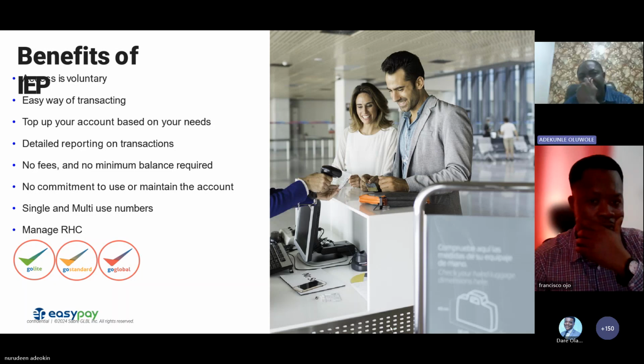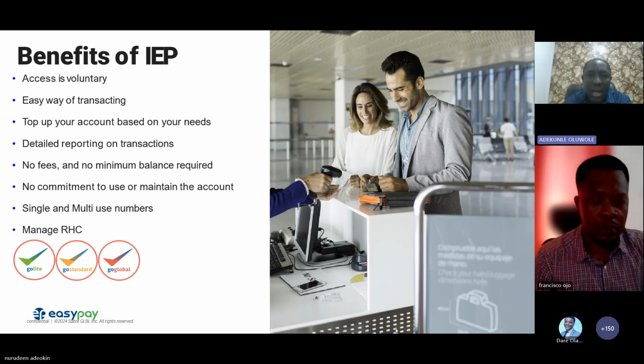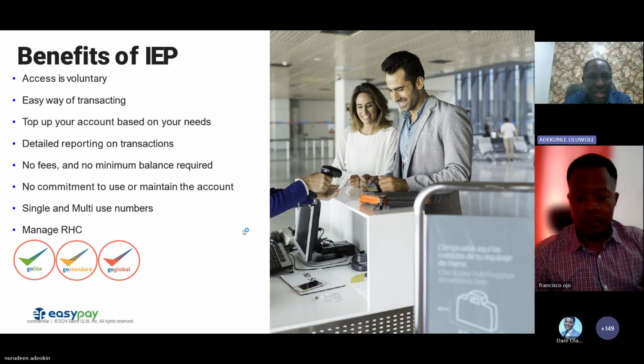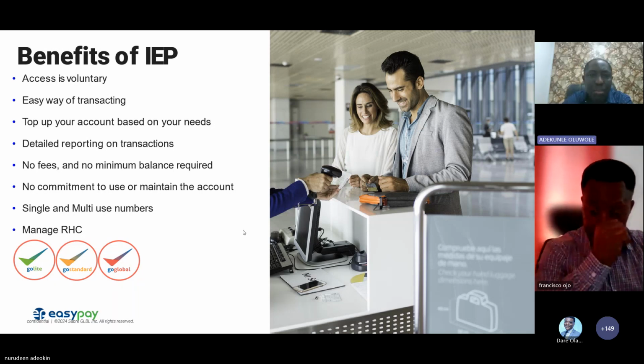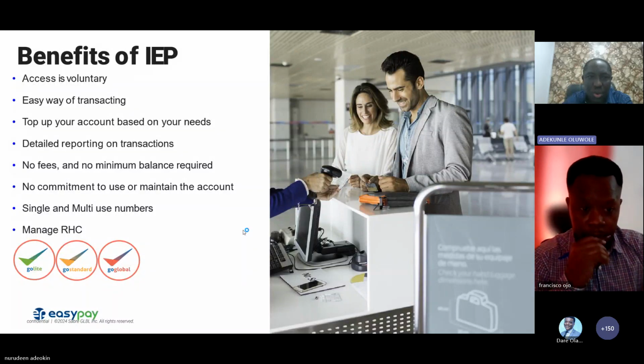So what are the benefits of IEP? Access is voluntary. That's why I said that it's meant for all the accreditation models. Go Global and Go Standard might choose not to activate their EasyPay. But for Go Light, that's the only major means of issuing tickets, so they have no option but to activate it.